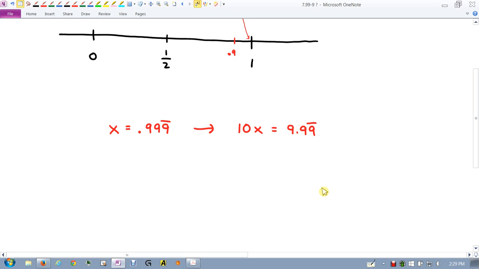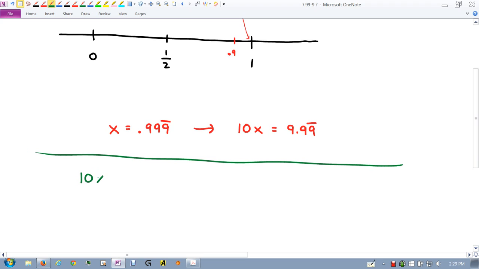If I say that X is 0.999 forever, and we all agree that 10 times X should be 9.99999 forever, now, forget all the numbers and think of this algebraically. What's 10X take away X? How many X's will you have? 9 X's. Now, rewrite what 10X was: 9.99 forever.